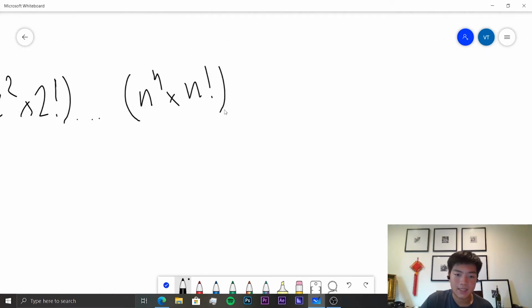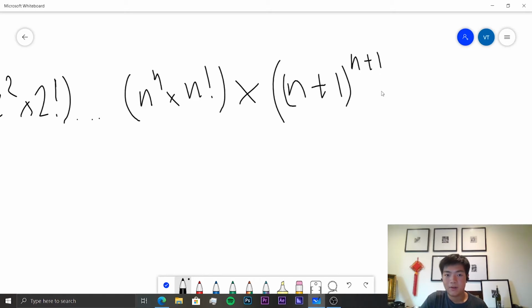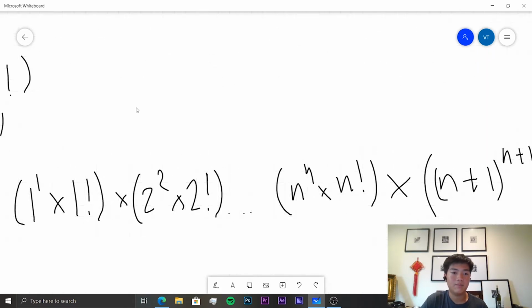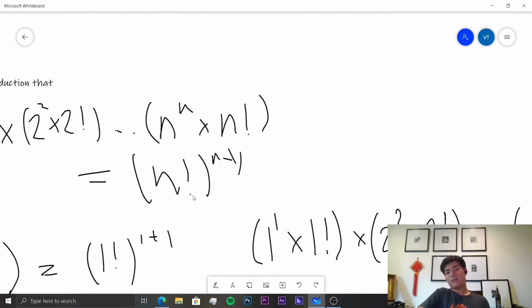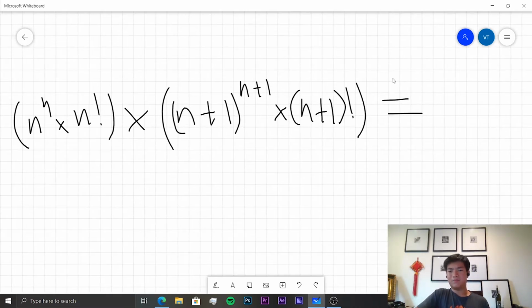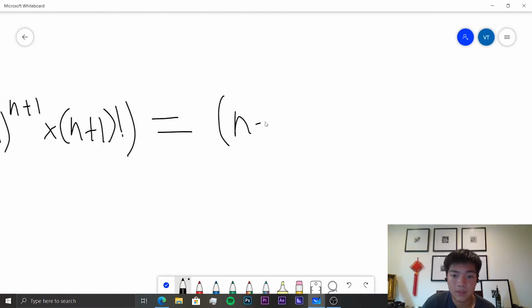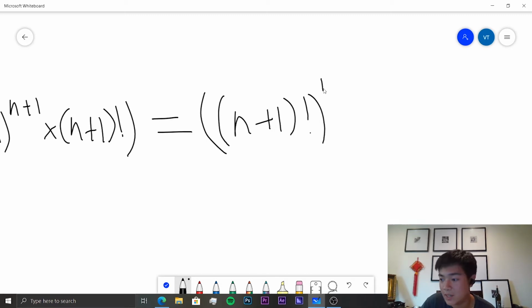So what we can say is that we need to multiply (n plus 1) to the n plus 1 power times (n plus 1) factorial, and this should be equal to (n plus 1) factorial to the power of n plus 2. Okay, let's work around proving this.